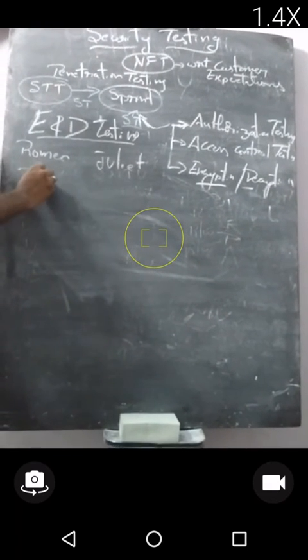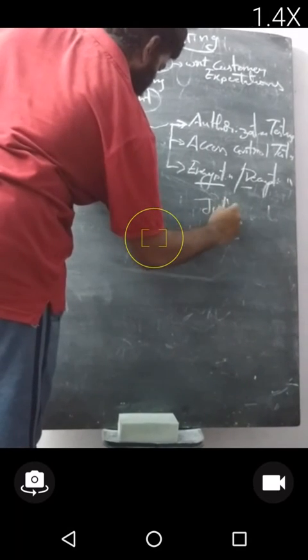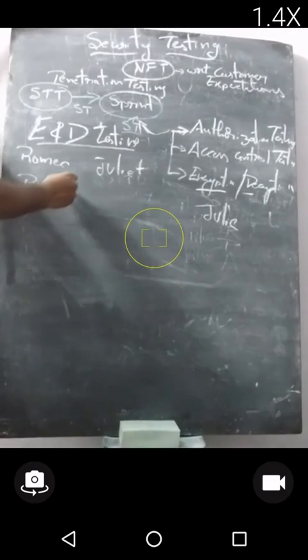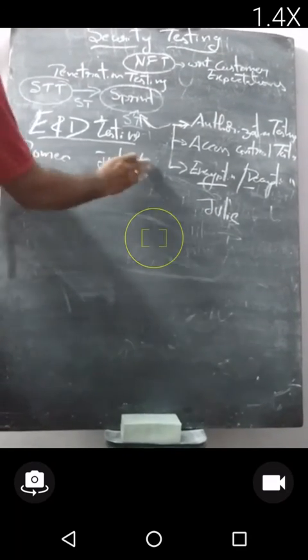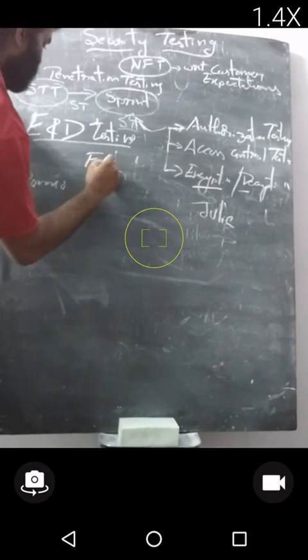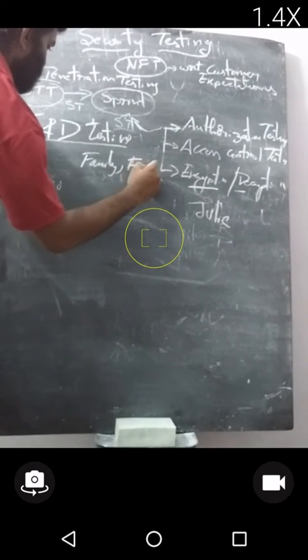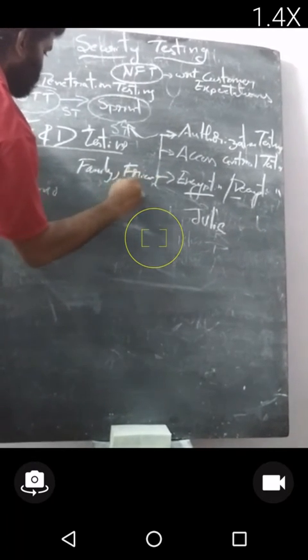Let us take Romeo on the left side and Juliet on the right side. In the middle, in between Romeo and Juliet, there are family, friends, neighbors, and relatives.